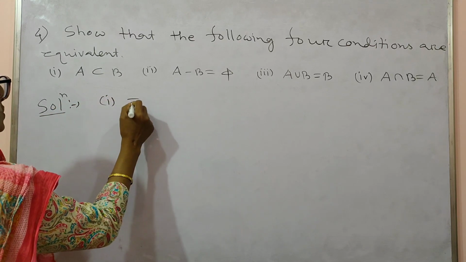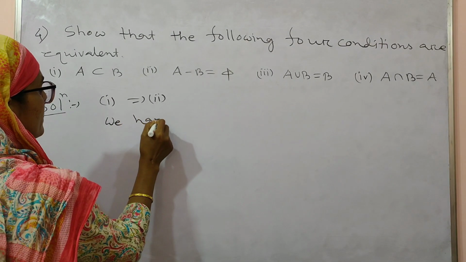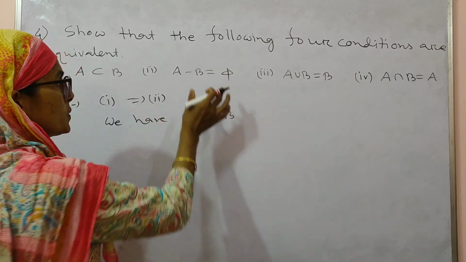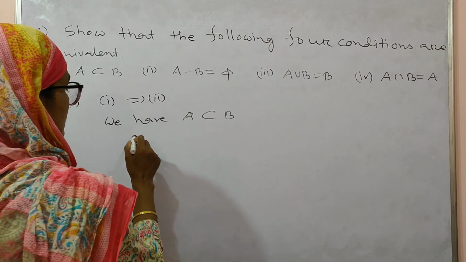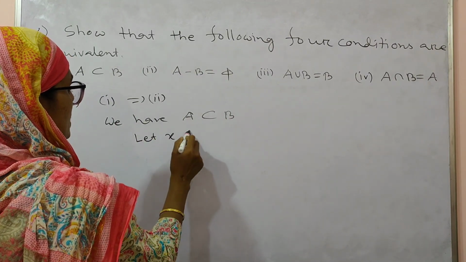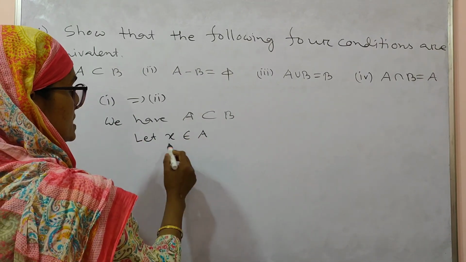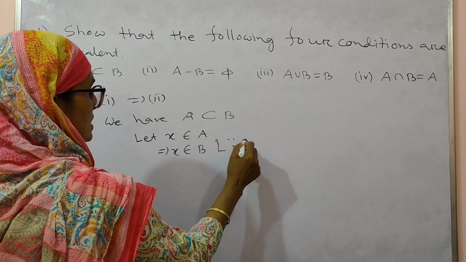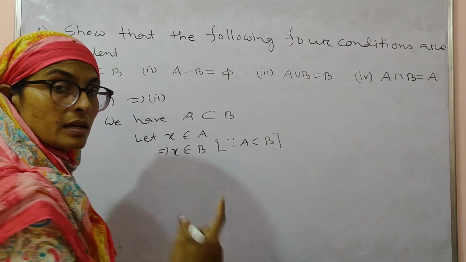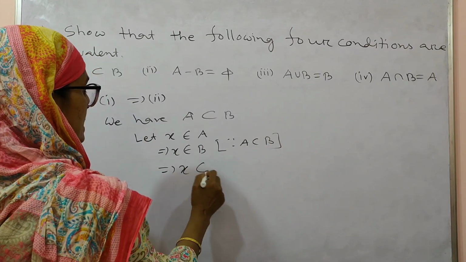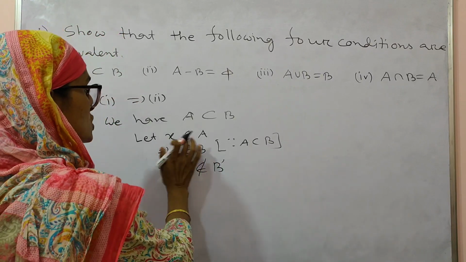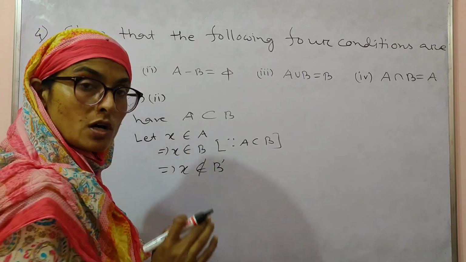1 implies 2. We have A is a subset of B. This is the given condition, and you have to prove this one. Let x belong to A. This implies x belongs to B, since A is a subset of B, or x does not belong to B complement. x belongs to A, x does not belong to B complement.